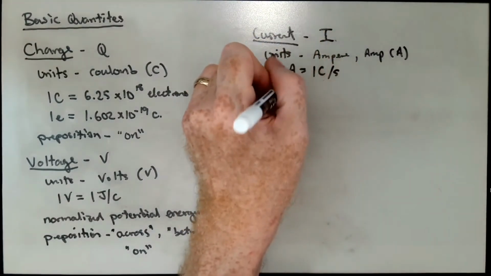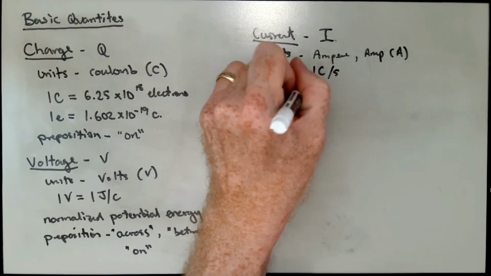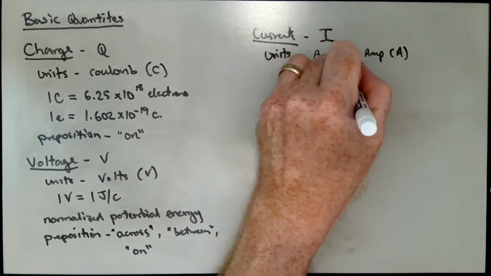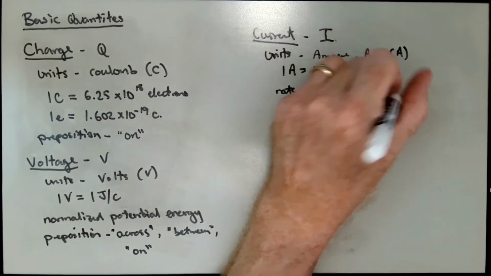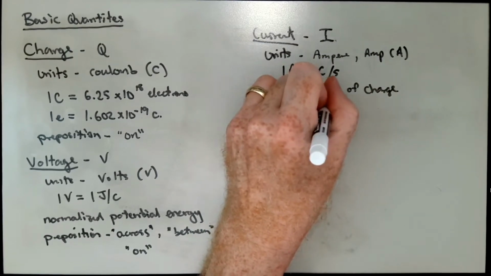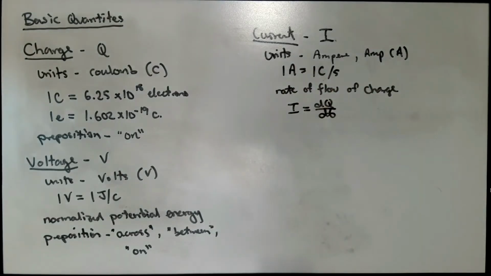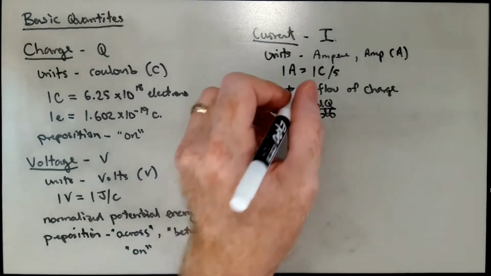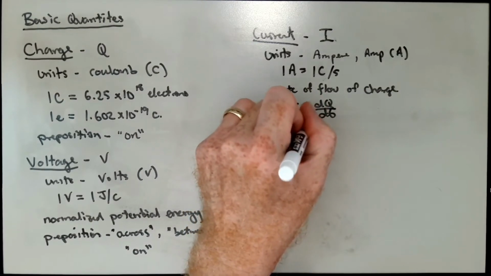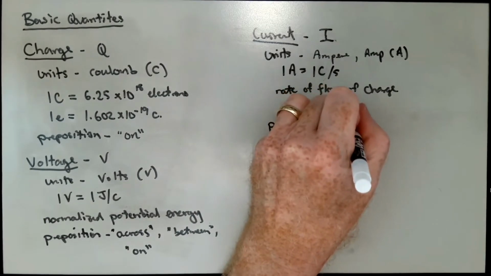So current is basically a rate of flow of charge. So sometimes we will write I equals dq dt, and the preposition associated with current is through.